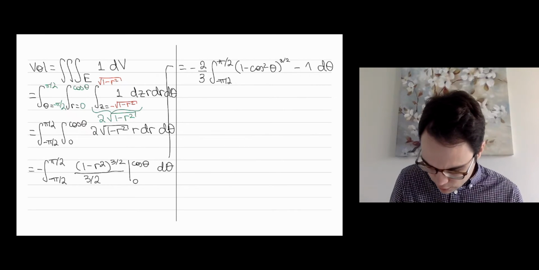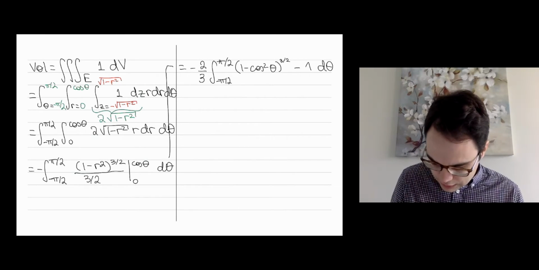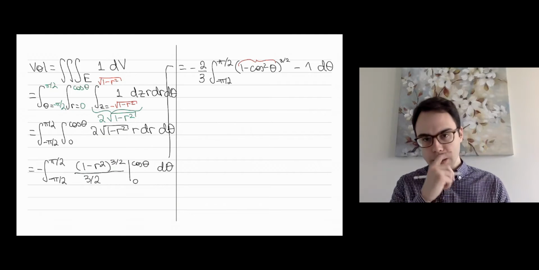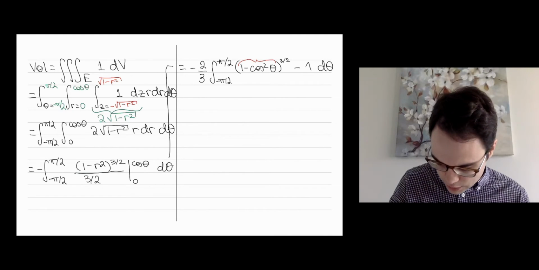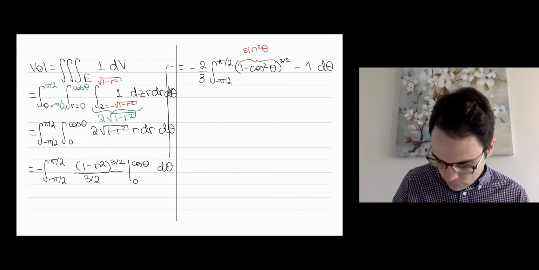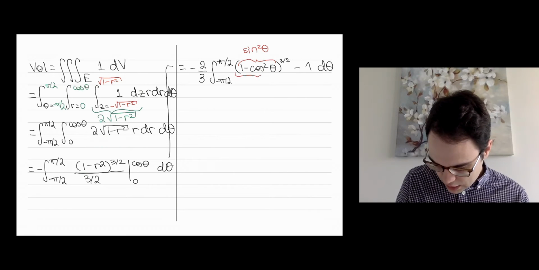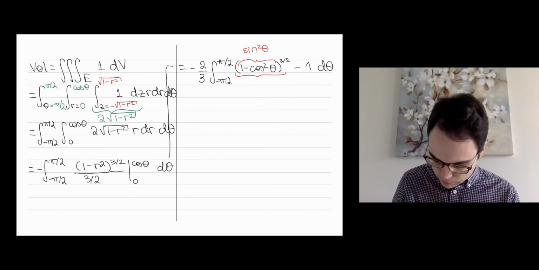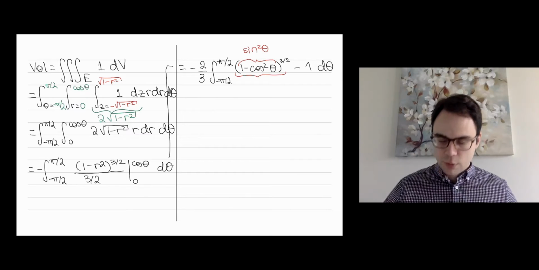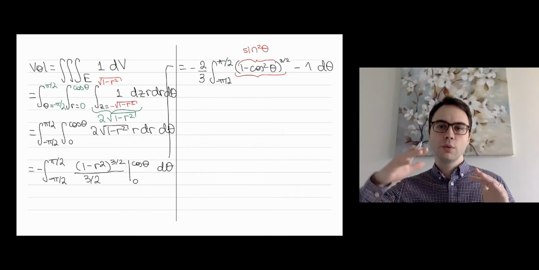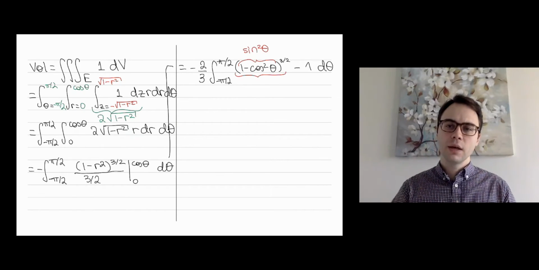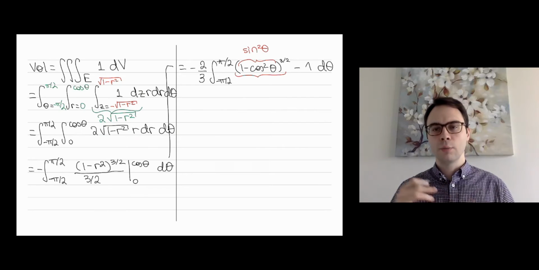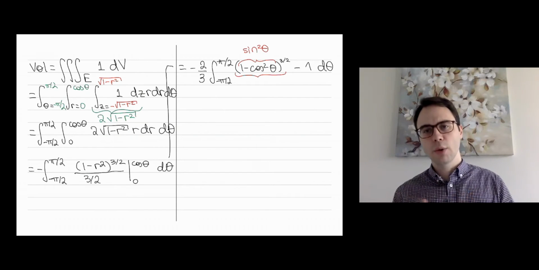Okay, now let's make a few observations. The thing inside the parenthesis is just sine squared. And then I'm taking sine squared and raising it to the 3/2. So I'm raising it to the cube power and then taking a square root.